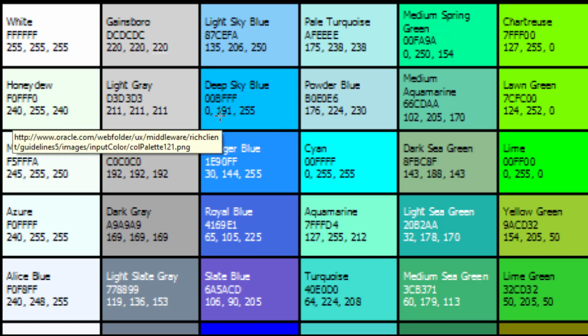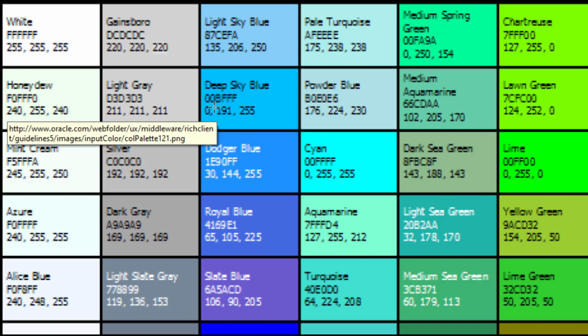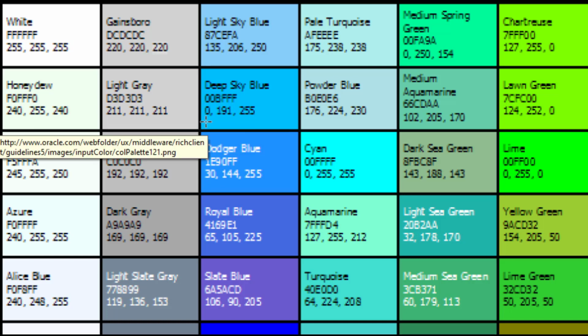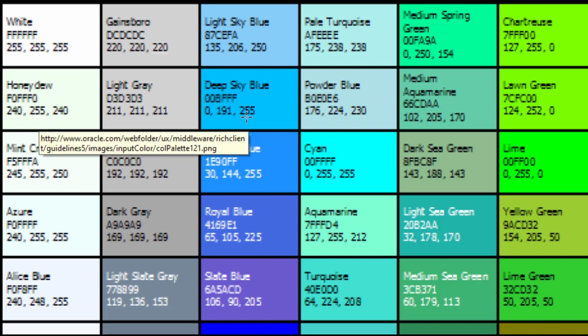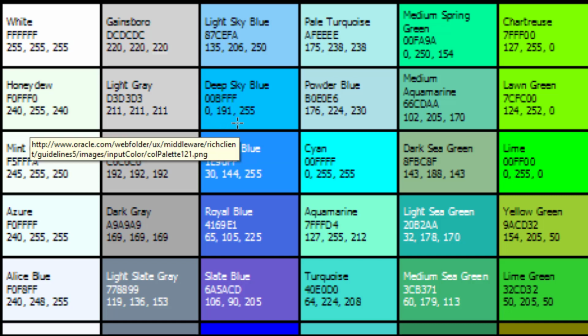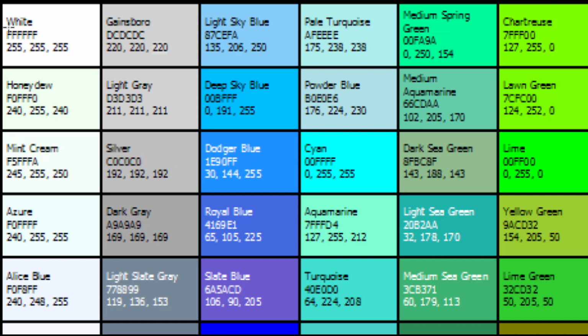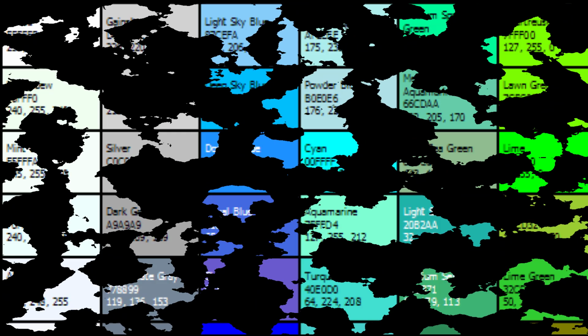It's 0, 191, 255, and the digits would be up here for base 16. So that's no red, a lot of green, but blue is totally on with some green added, but no red. And that's kind of how you read that. And it's really just FYI.